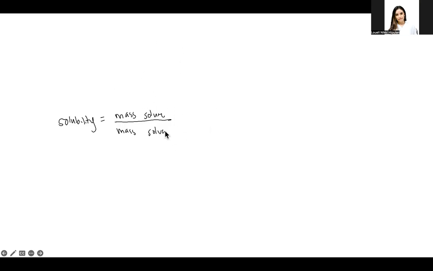So you have your mass of solvent. And in your Perry's, it's 54.5 MgCl2, this is grams, per 100 grams of solvent. So that is the solubility.